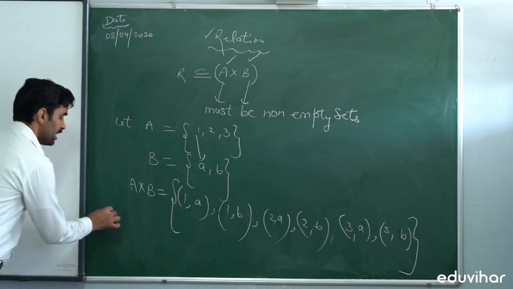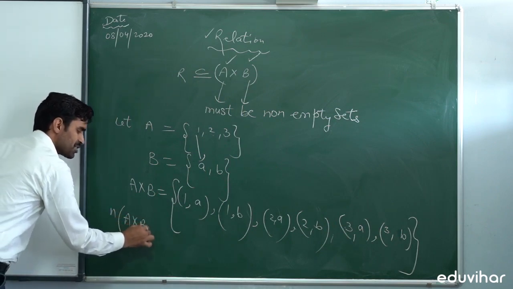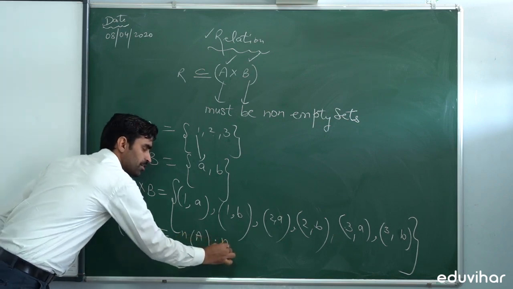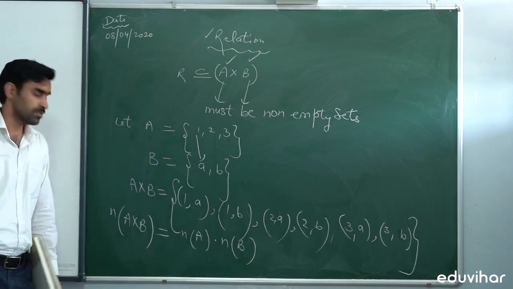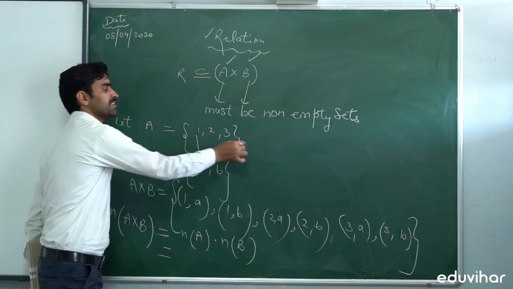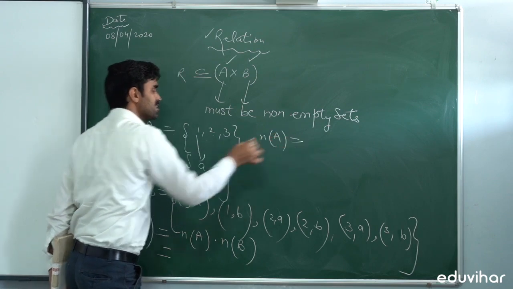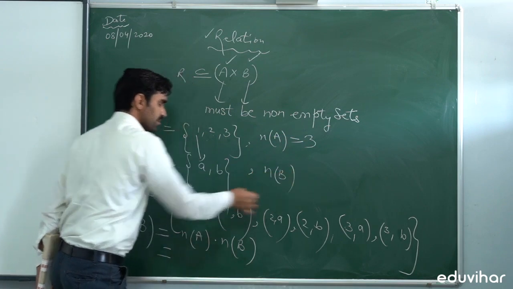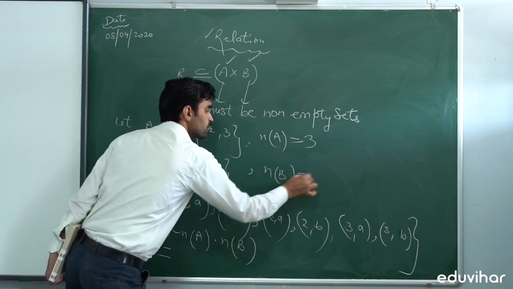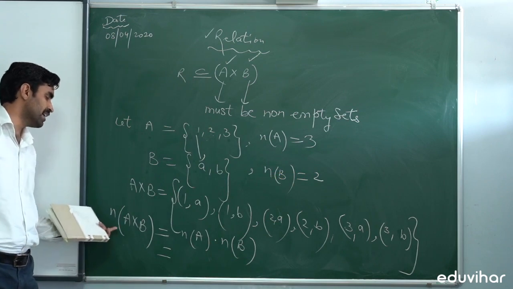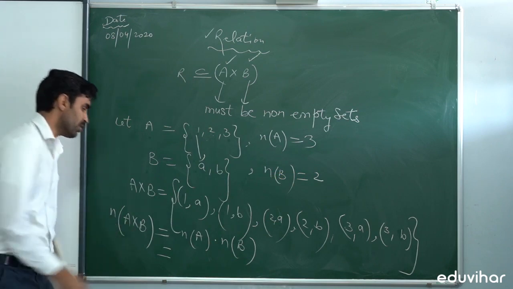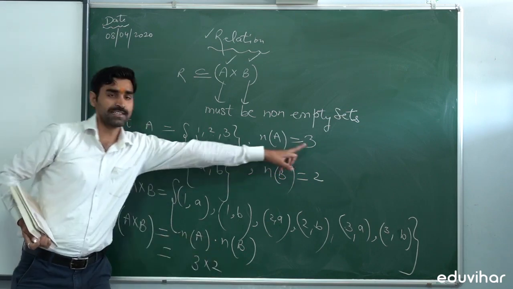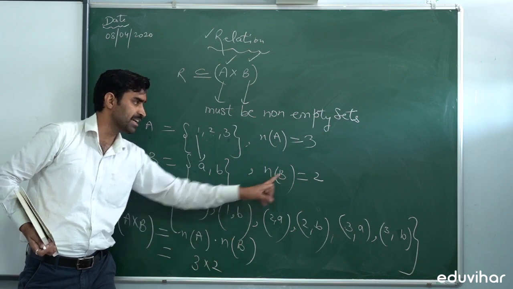Then, as we know, the number of elements in the Cartesian product of two sets equals the number of elements in A times the number of elements in B. The number of elements in set A is 3 and in set B is 2.